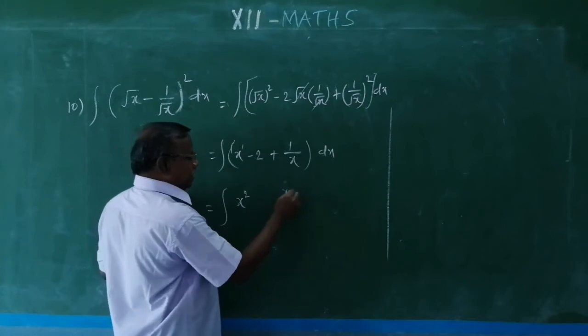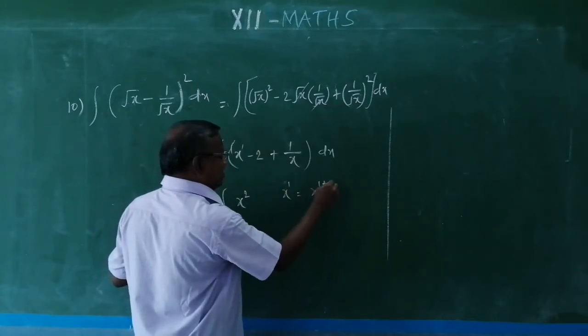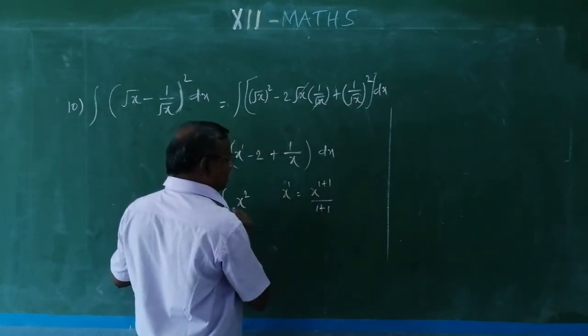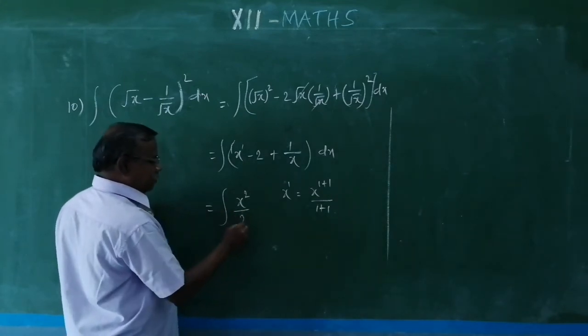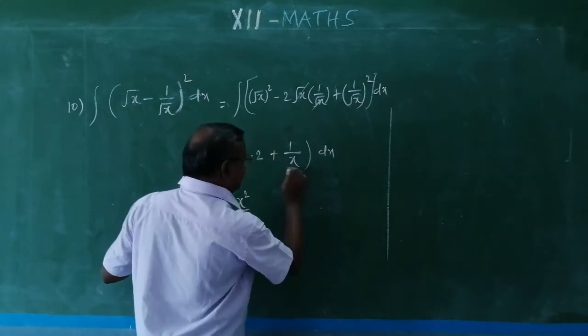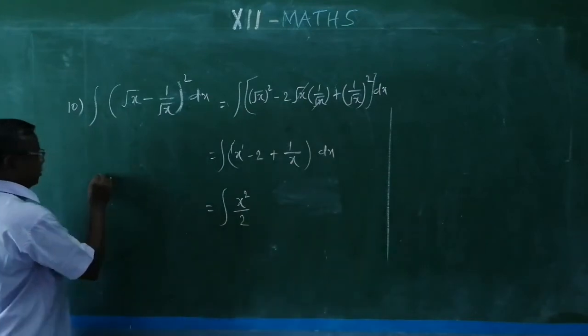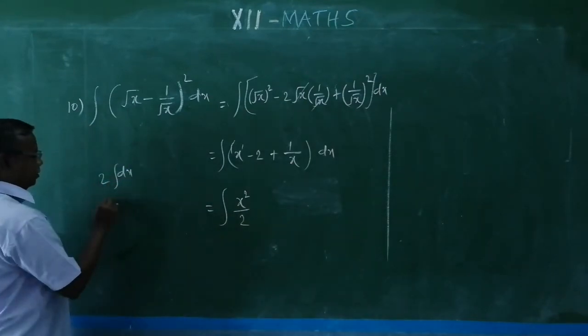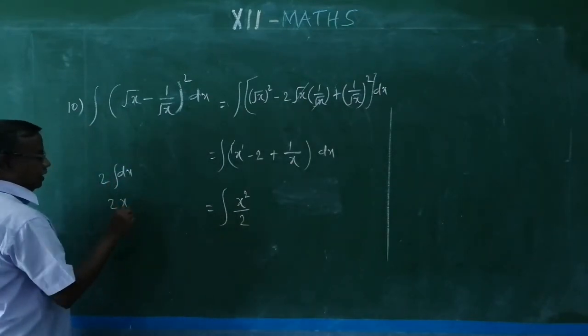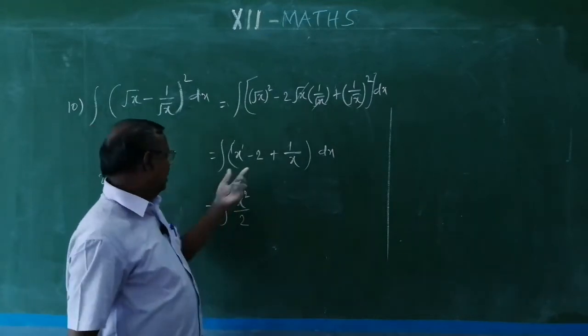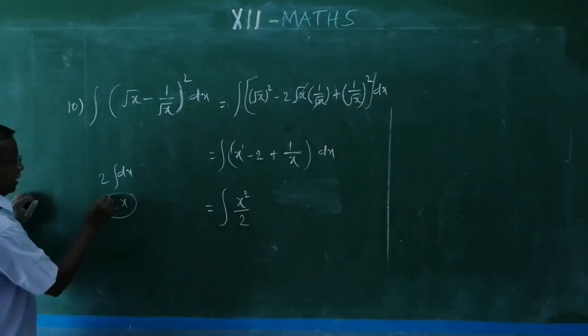So, x power n, integrating this x power n is x power n plus 1 divided by n plus 1, accordingly it is x square by 2. And for any constant, integral 2 dx equals 2 into x only, because when we differentiate 2x we get only 2.